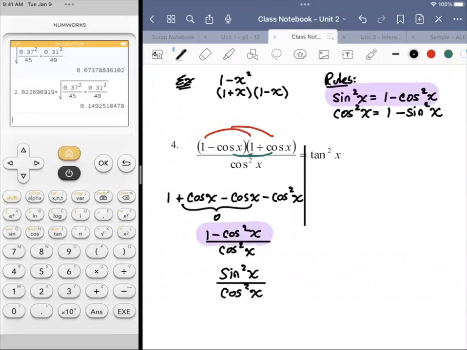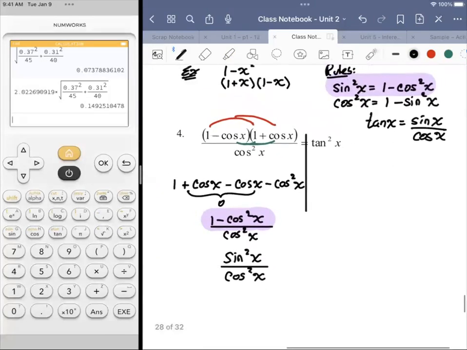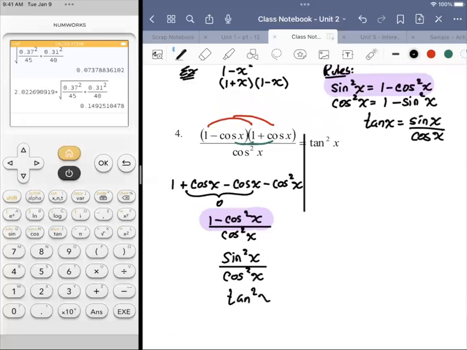Now, as long as the powers are the same, top and bottom, the ratio holds. So we know that tangent is equal to sine over cosine. So tangent squared would also be sine squared over cosine squared.